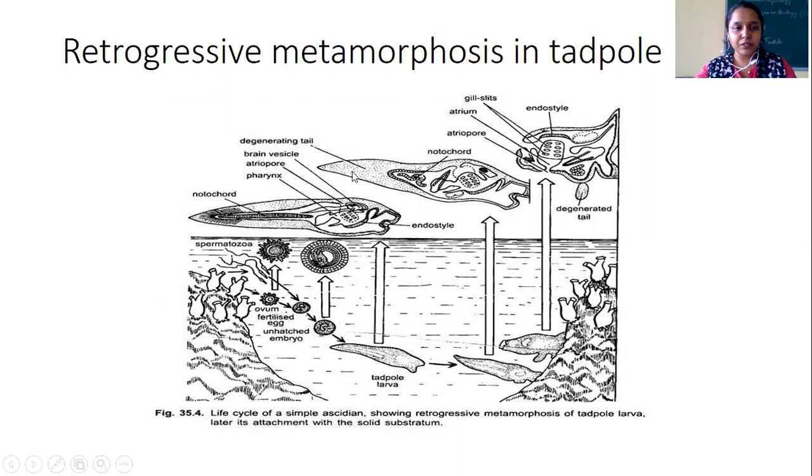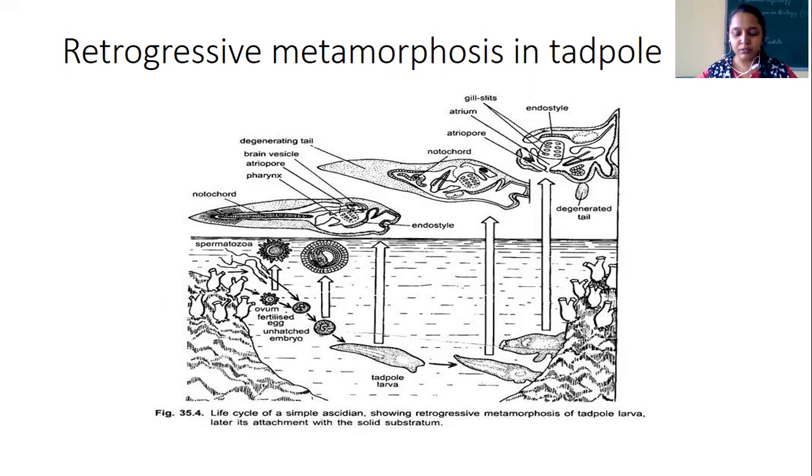During the course of metamorphosis, first there will be degeneration of the tail region. Whatever features were in the tail region of a tadpole larva will get degenerated during the metamorphosis. The adhesive papillae on the anterior end start getting attached to a substratum. In the course of metamorphosis, it loses the tail region.